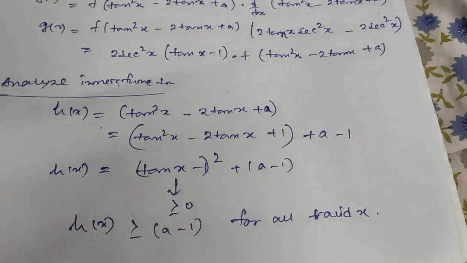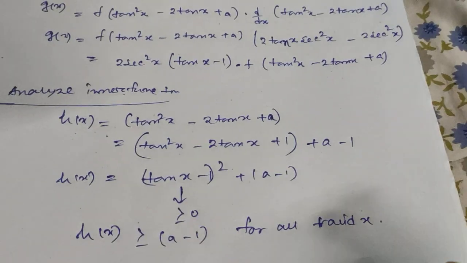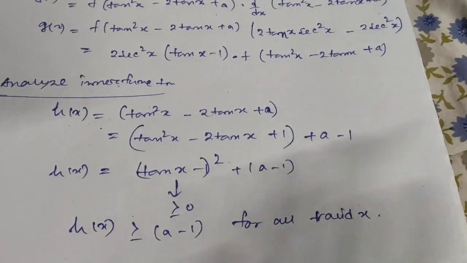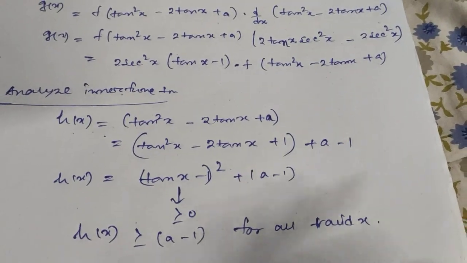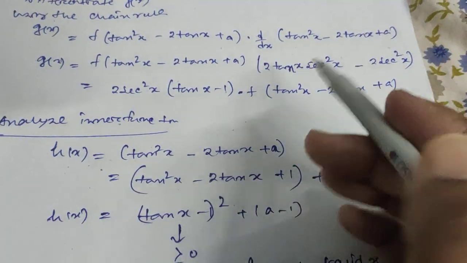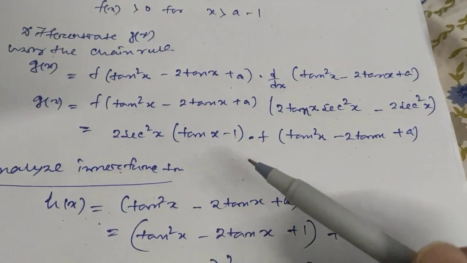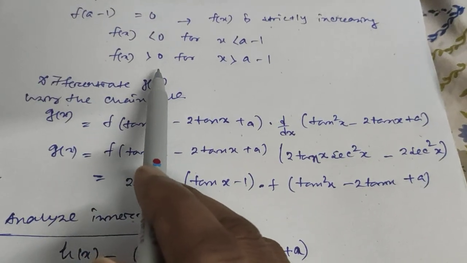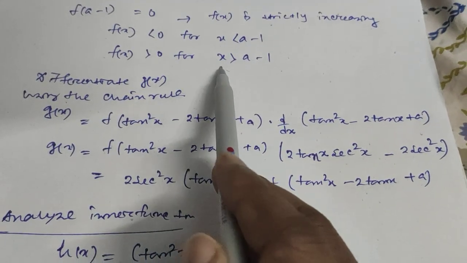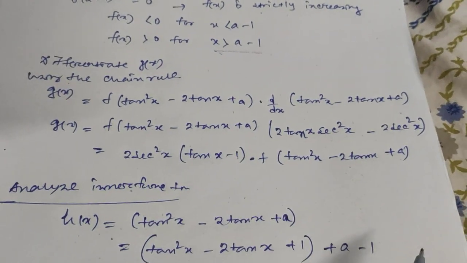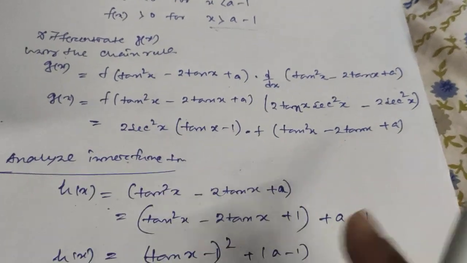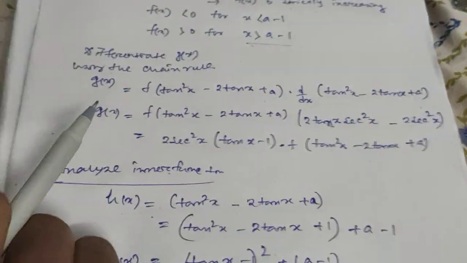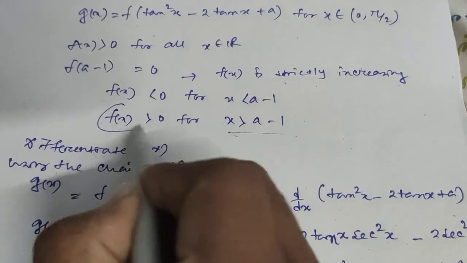So because the input to f is always greater than or equal to a minus 1, and we established in this step 1 that f(x) is greater than 0 for x greater than a minus 1. Following that, consider this part.